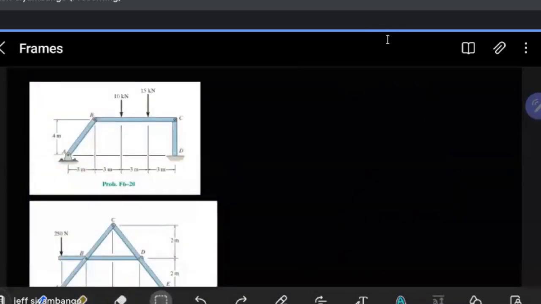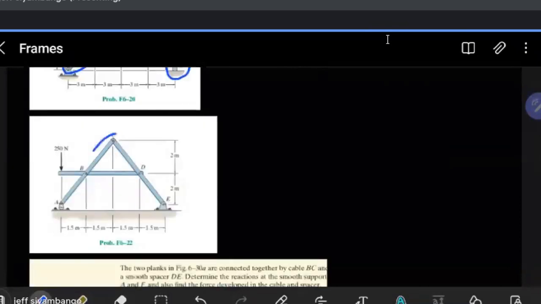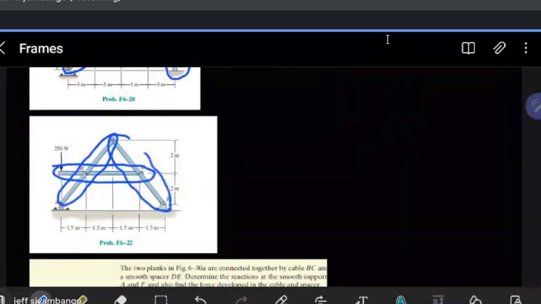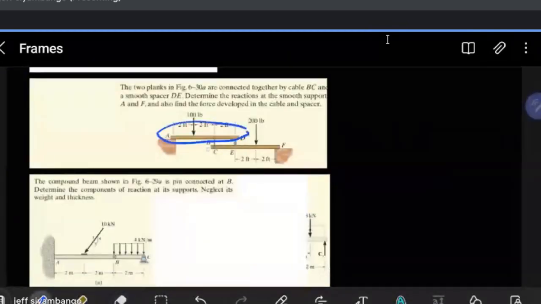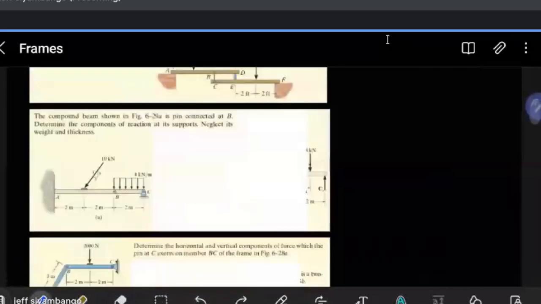So here I want to know what would be the forces acting if we were to just isolate this member here, and what would be the free body diagram if we isolated that member, and also if we just got this member. Same thing here, if we just isolated ABC, this member, what would be the forces acting on it? And also if we isolated this, and if we isolated that. So this is what we will be doing here. It's the same thing here. Isolate the members, isolate ABD, isolate CEF. What would be the forces acting through each member?